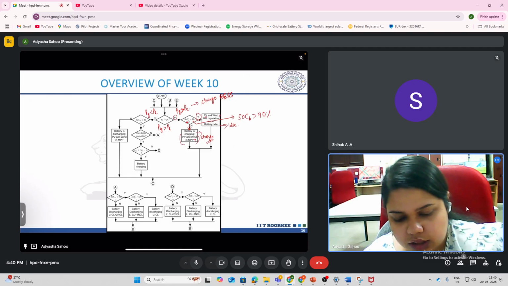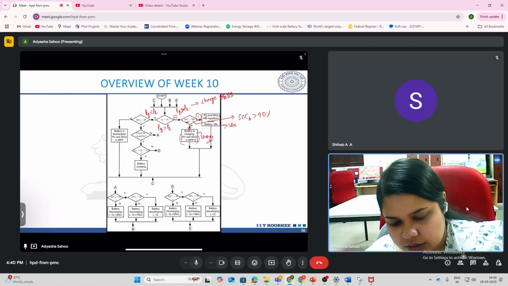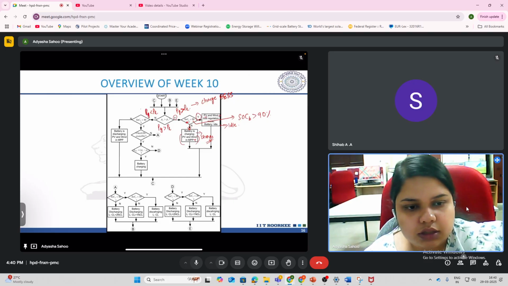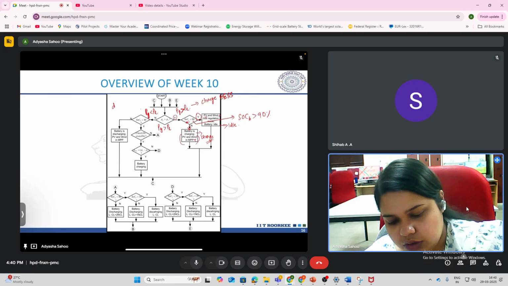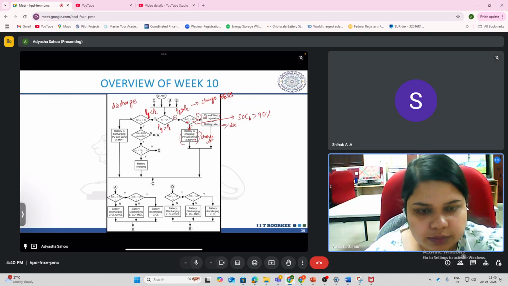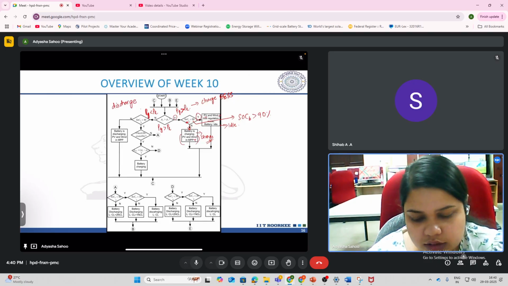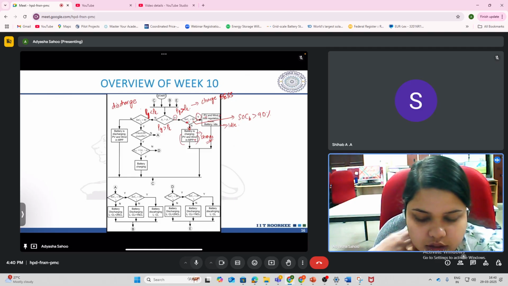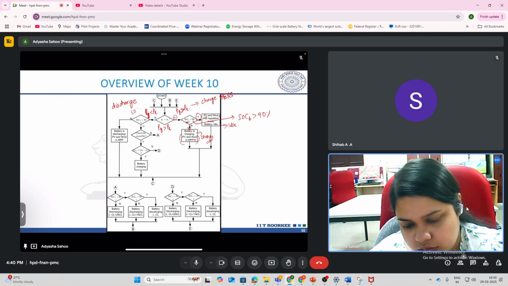Now coming to the case where we have less generation, that is PG is less than PL. So if PG is less, you would like to discharge your battery to supply the load. So you check the SOC of the battery, whether the SOC is less than 40% or not.